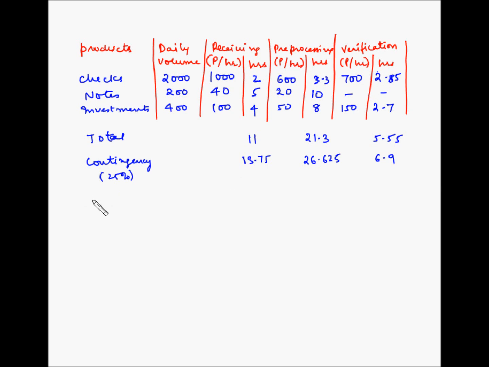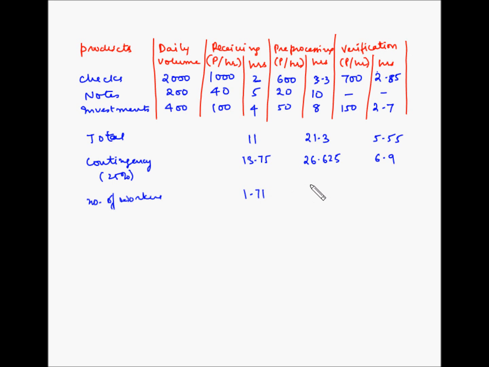So let us do that. So the next step is to find the number of workers. So 13.75 divided by 8 is 1.71.